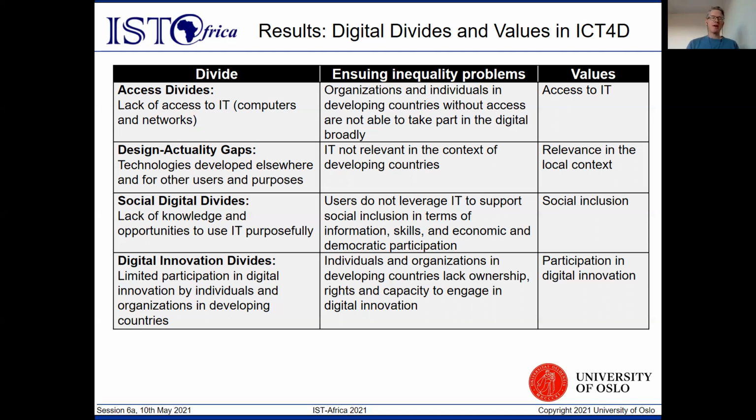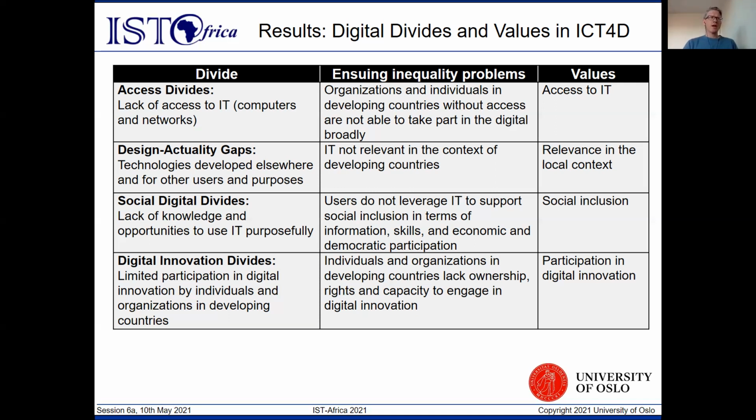The underlying value here is social inclusion, related to the potential IT has to support social inclusion in terms of providing information, skills, and economic and democratic participation. Social inclusion is the underlying value.